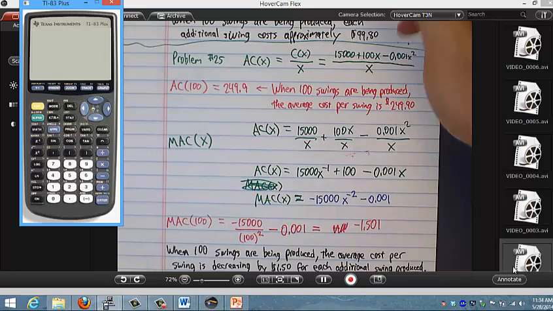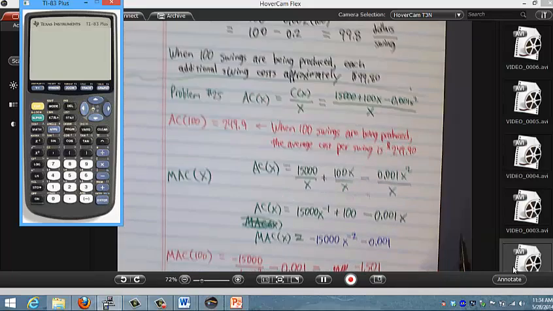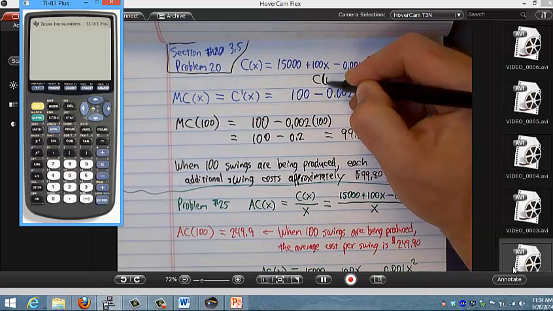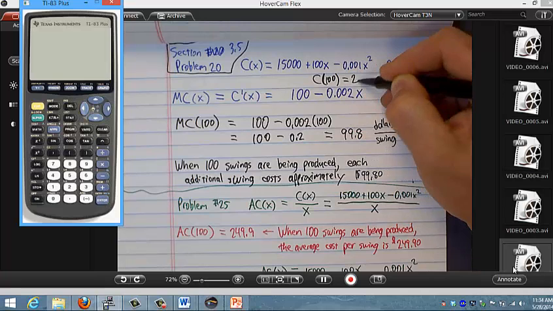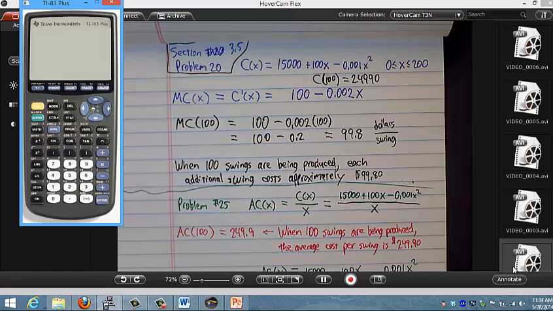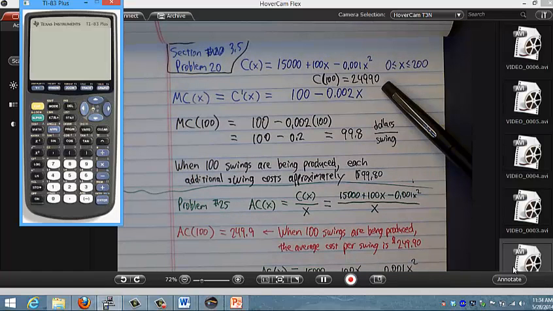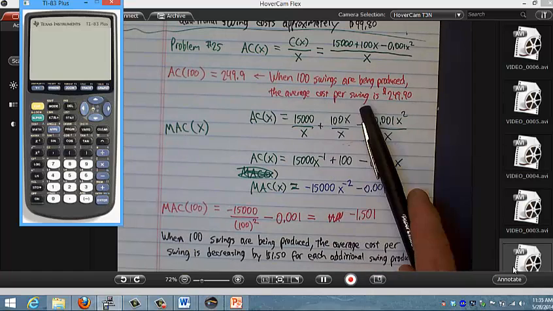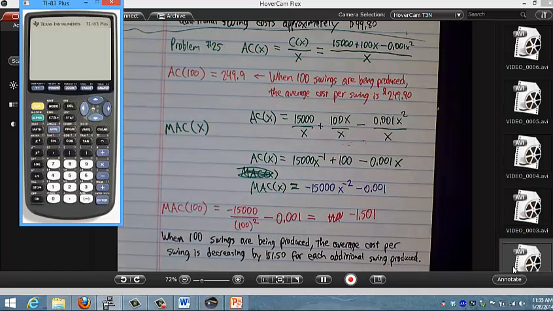So it's not on here, but we do know that C of 100 is 24,990. That's the cost of producing 100 swings. The average cost, that's telling you how much per swing. Does that make sense? Okay. Good. All right.